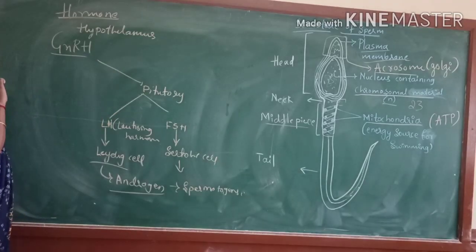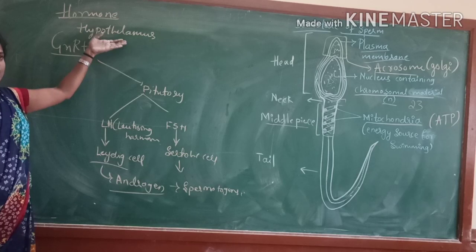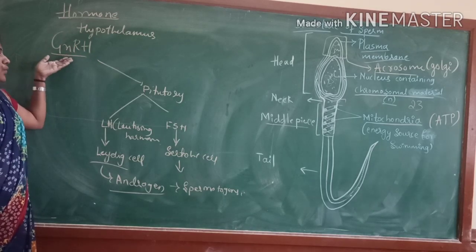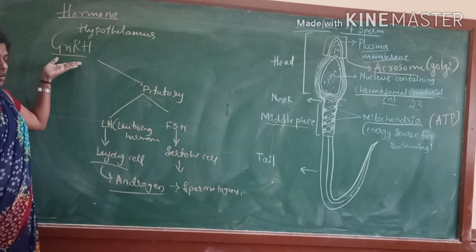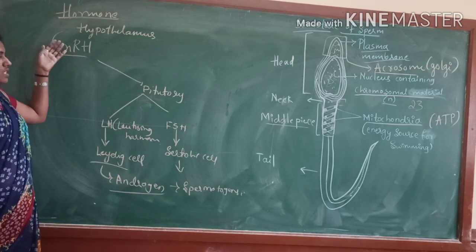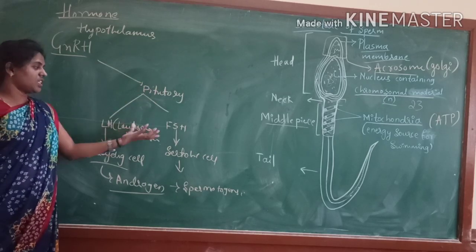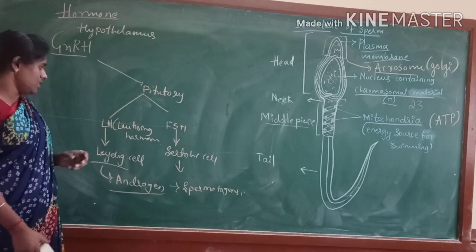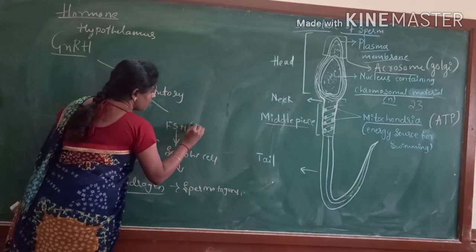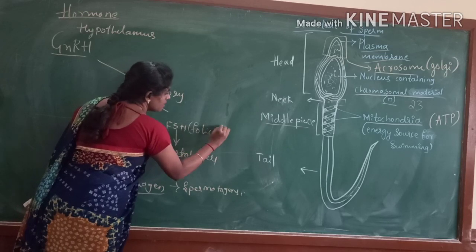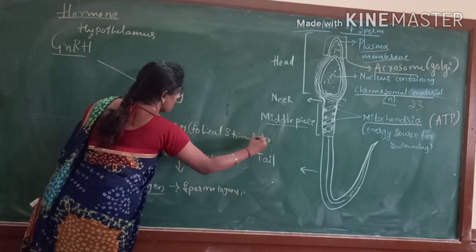First, the process is controlled by the hypothalamus, which stimulates gonadotropin-releasing hormone, which stimulates the pituitary gland. The pituitary gland then synthesizes two types of hormones: luteinizing hormone and FSH, meaning follicle stimulating hormone.